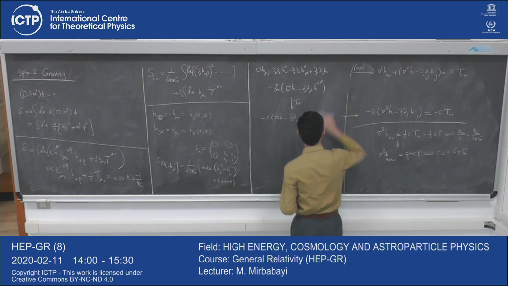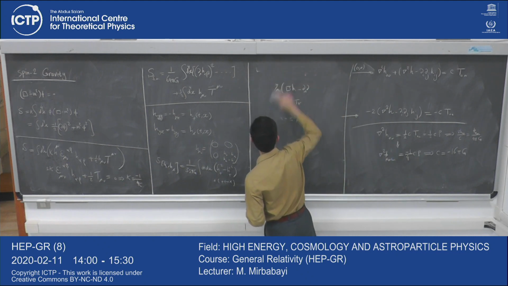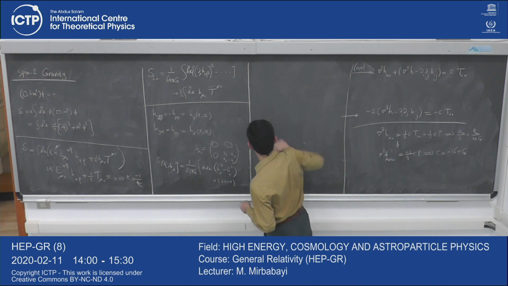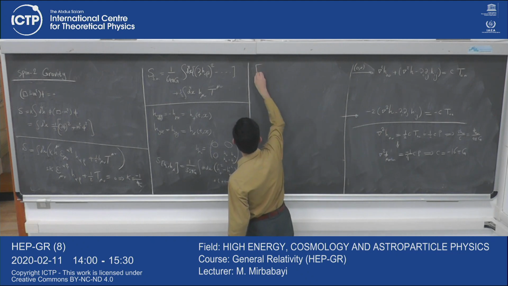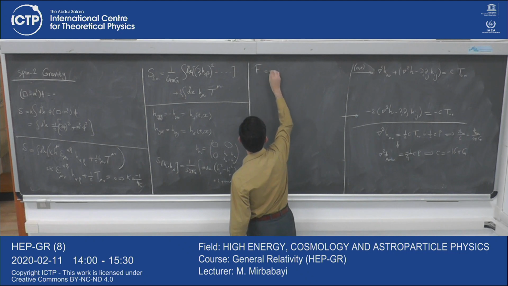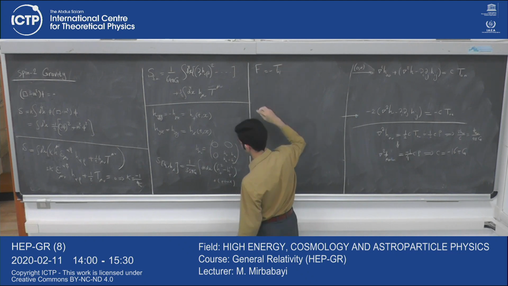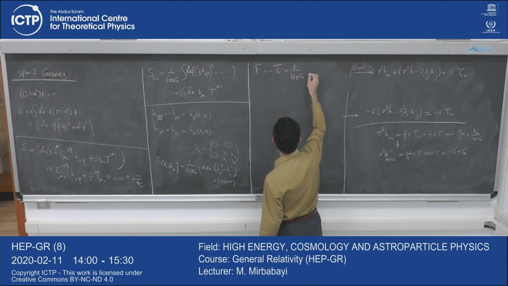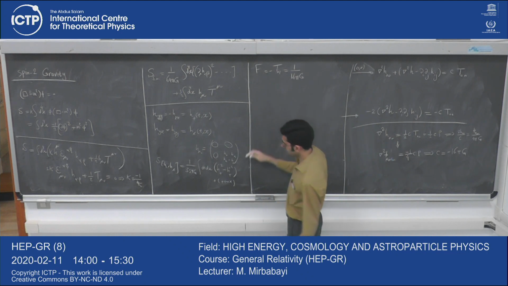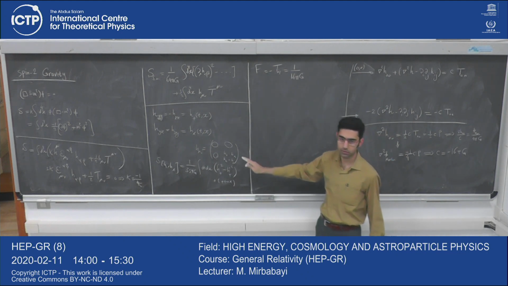In particular, the energy flux, which is minus T01, for this action is just 1 over 16 pi G. So this is very similar to what we did for a scalar field, right?